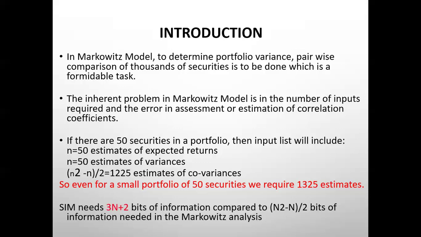It requires just 3n plus 2 estimates. For identifying 50 securities, 50 into 3 is 150, plus 2, so 152 estimates are required. He assumed that the return of securities is linearly related to a single index. The name itself, single index, means only the market index.